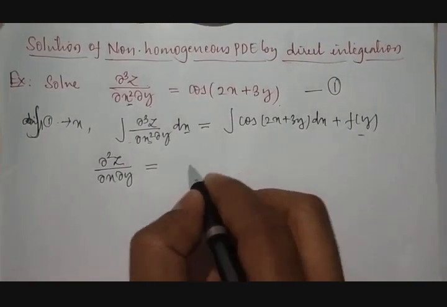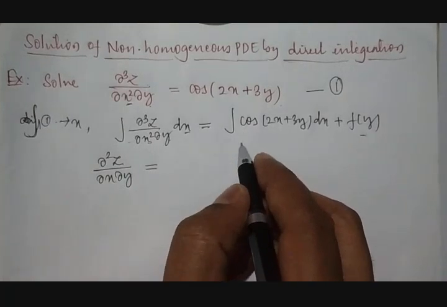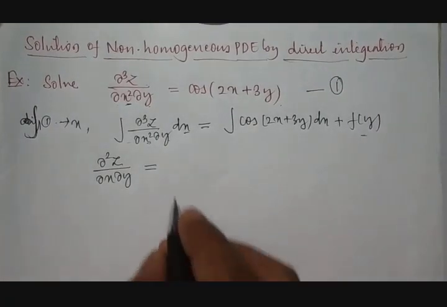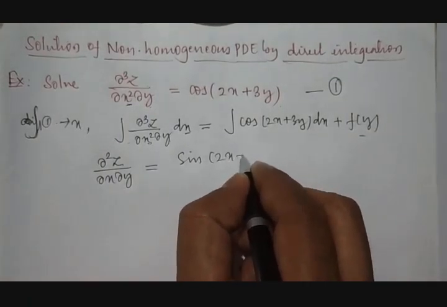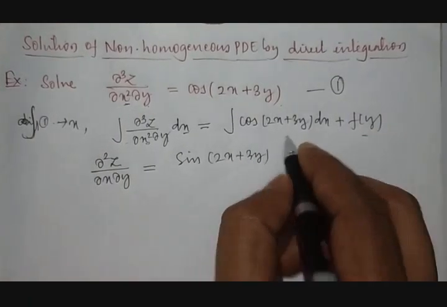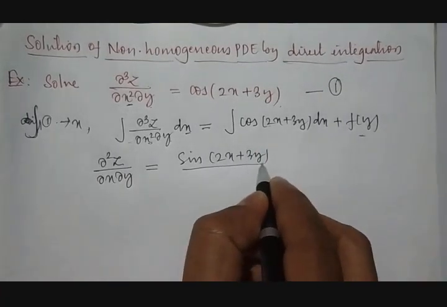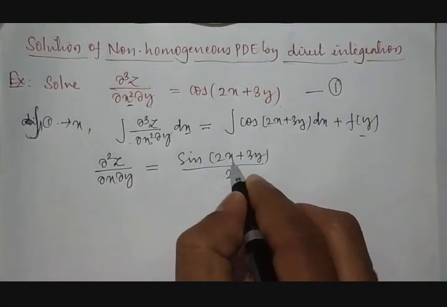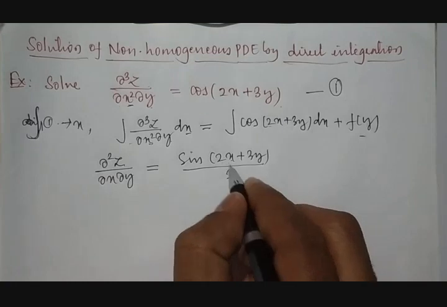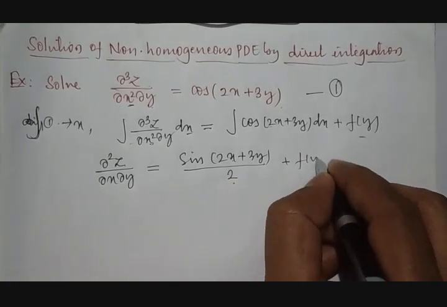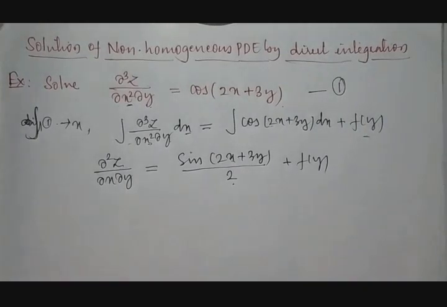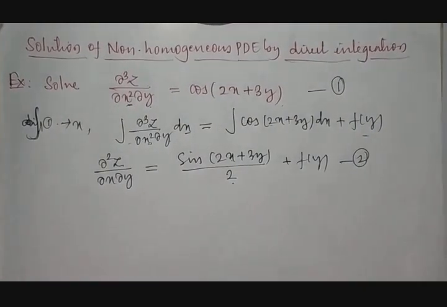So that is equal to the integration of cos, which is sin(2x + 3y), divided by 2 because we are doing it with respect to x. The coefficient of x will be written here in the denominator, plus f(y). Okay, we call it equation number 2.